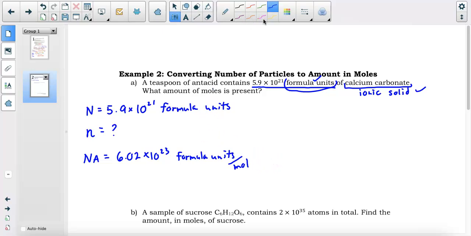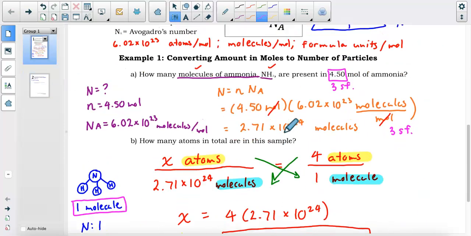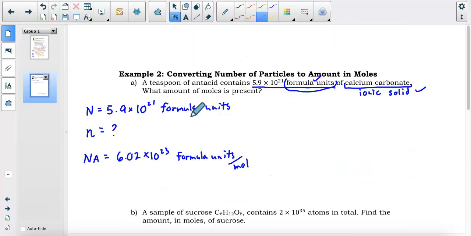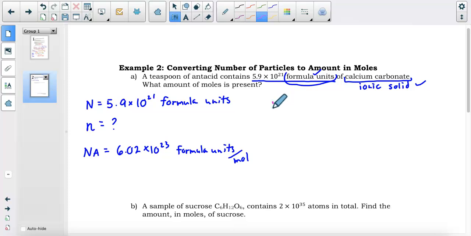So now that you have your given info, you're simply just going to start with your equation, plug in your values, and solve. So if you look back at your triangle, we want to solve for the number of moles. If we look back here, the number of moles is your number of particles divided by Avogadro's constant. So we can take our n is equal to N over Na.